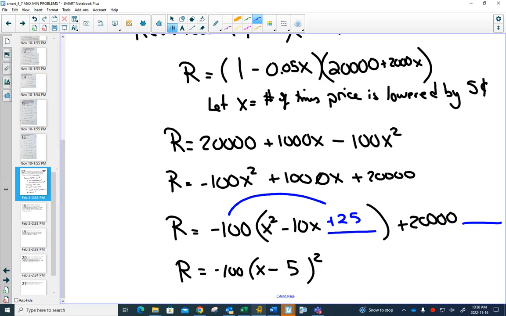But what have we actually done? We've actually already subtracted 2,500. So we're going to have to add 2,500.